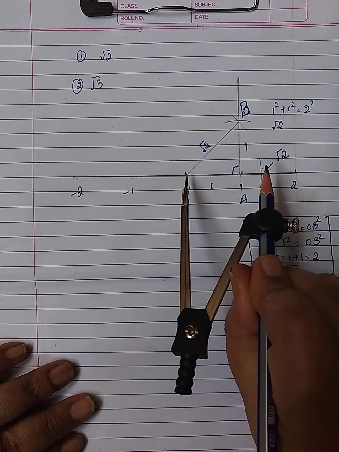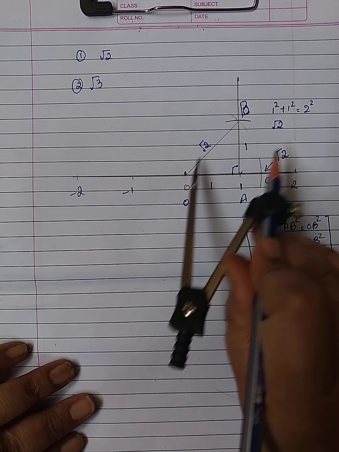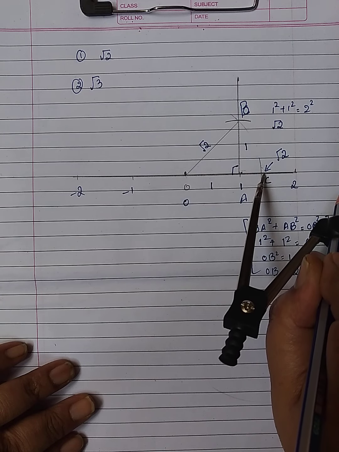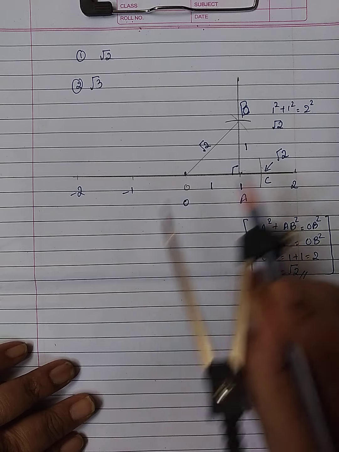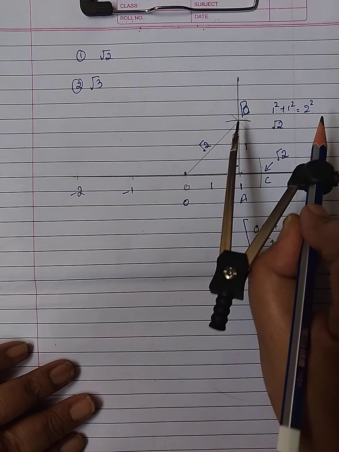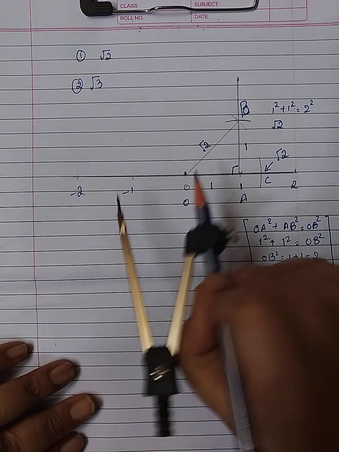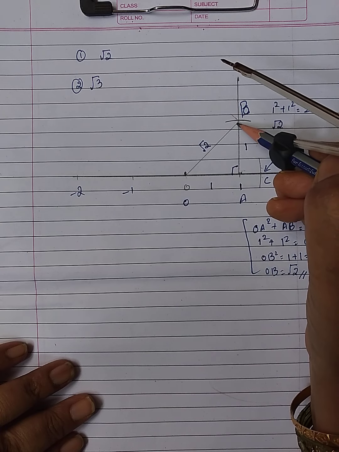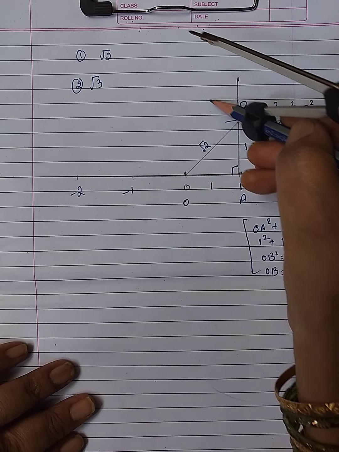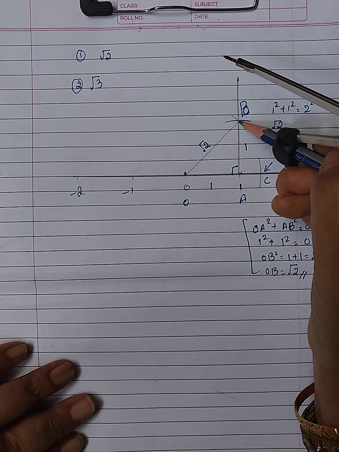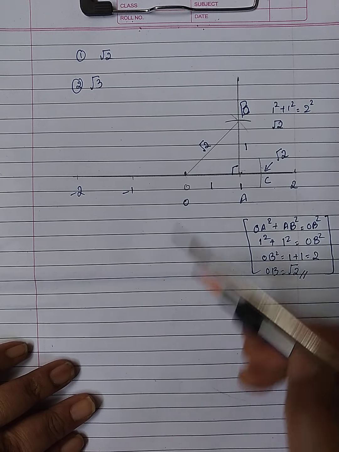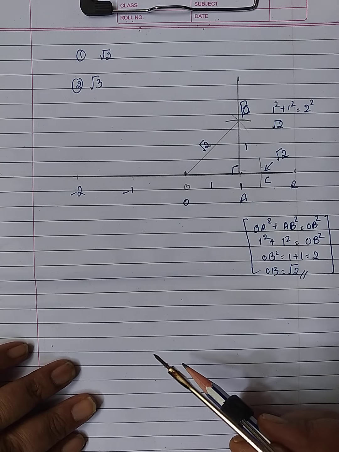Here you have already indicated root 2, located on the number line. Means OB is root 2. Then we have to draw another perpendicular of 1 unit on the point B here.